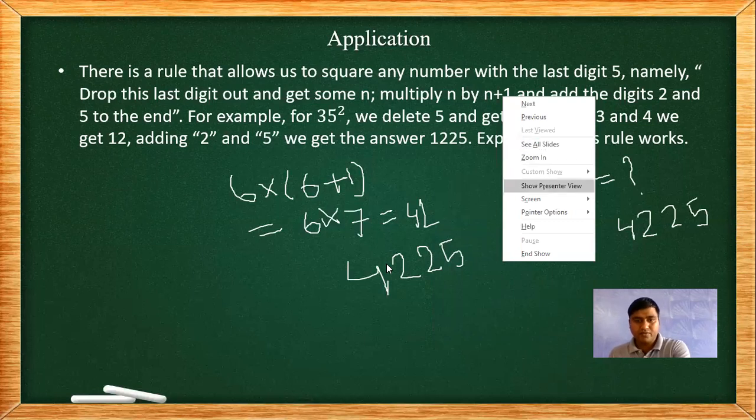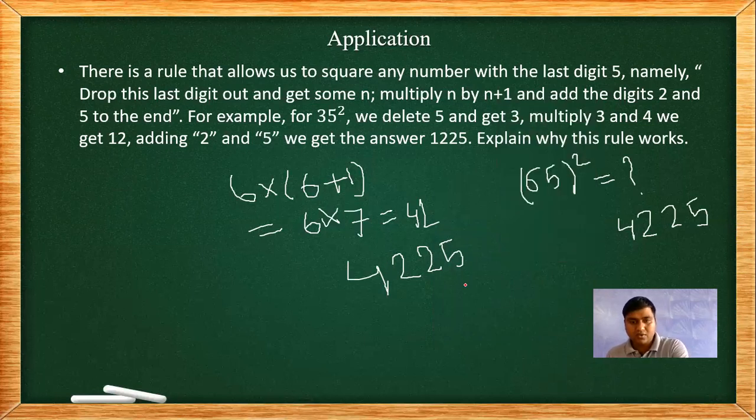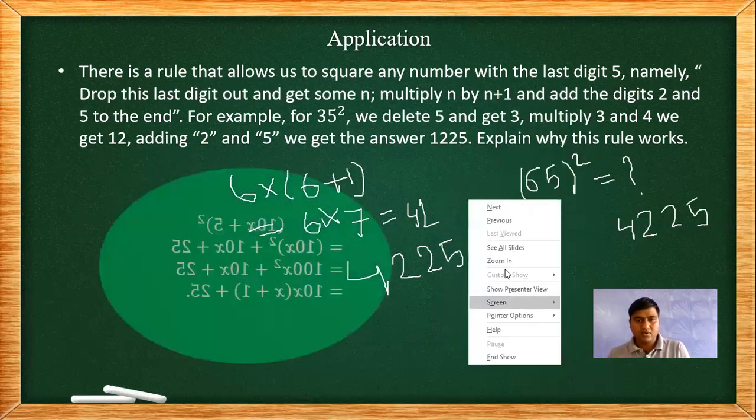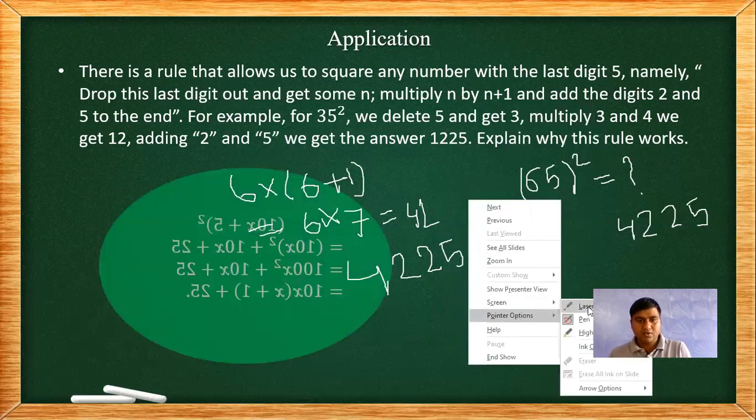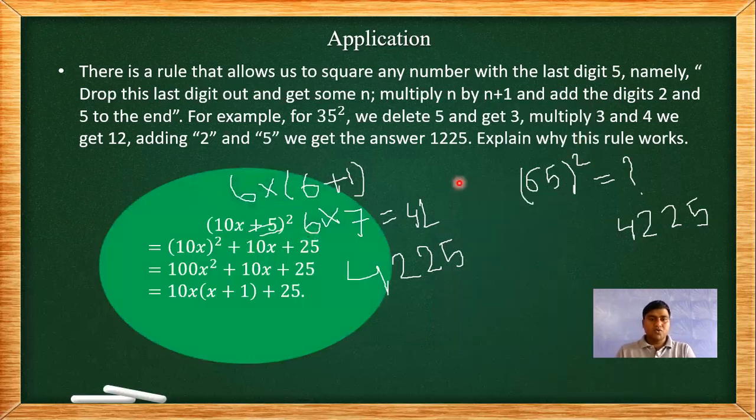Now let us verify for a 2-digit number whose last digit is 5.